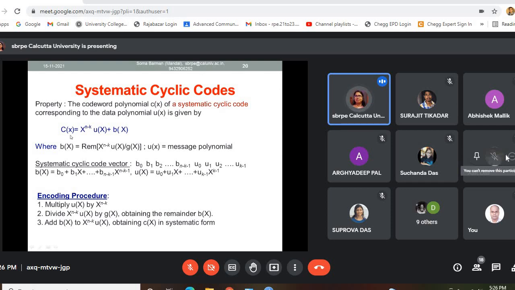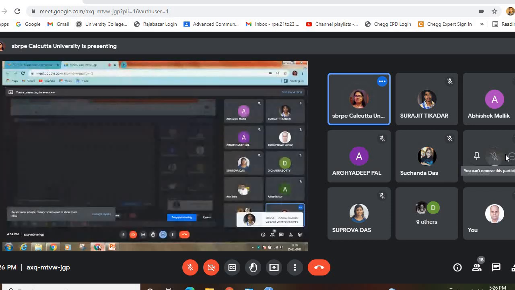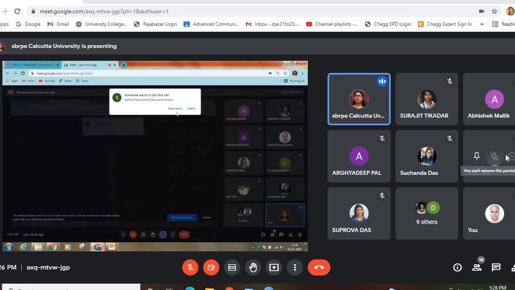So the code polynomial C(x) is generated as U(x) multiplied by x to the power n minus k.